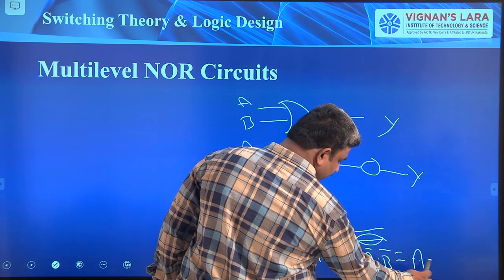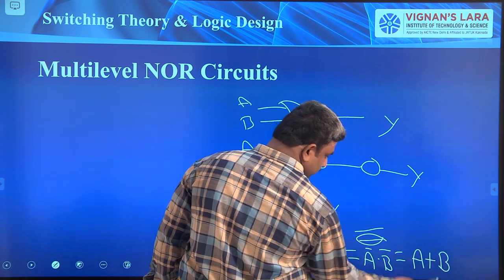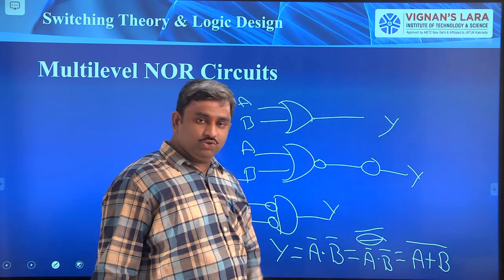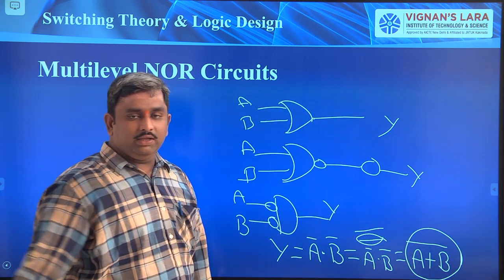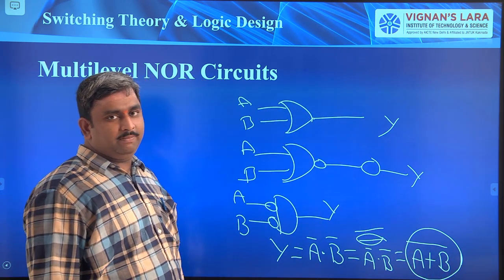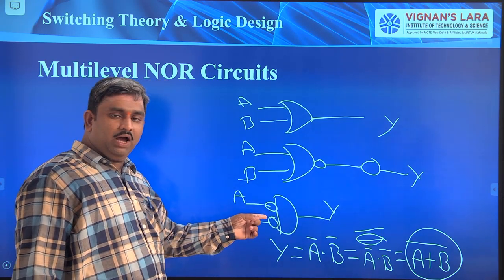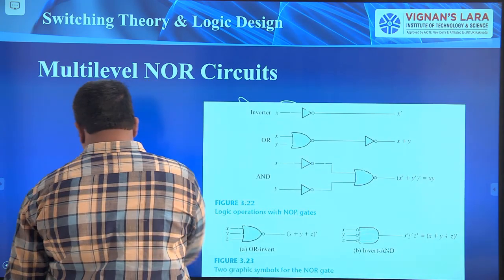Then A bar changes to A, dot changes to plus, and B bar changes to B, and the whole bar, 1 bar is available. This bar we have applied. So finally the function is Y equal to A plus B whole bar. That is nothing but the NOR gate. So bubbled AND is nothing but a NOR gate.